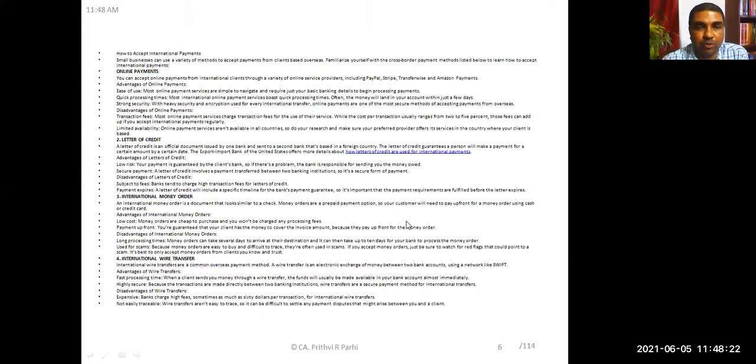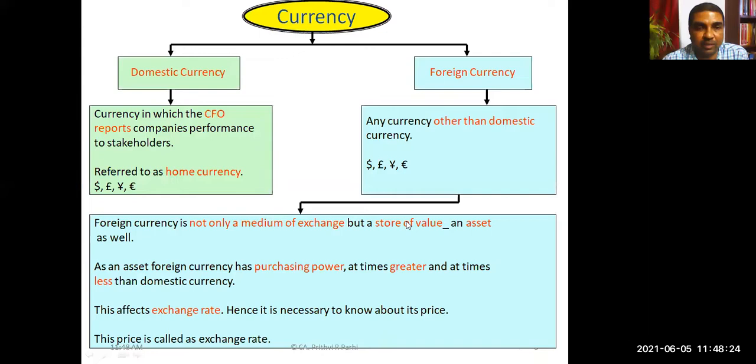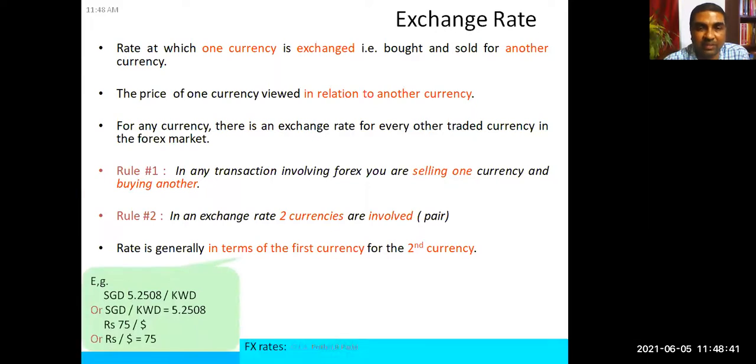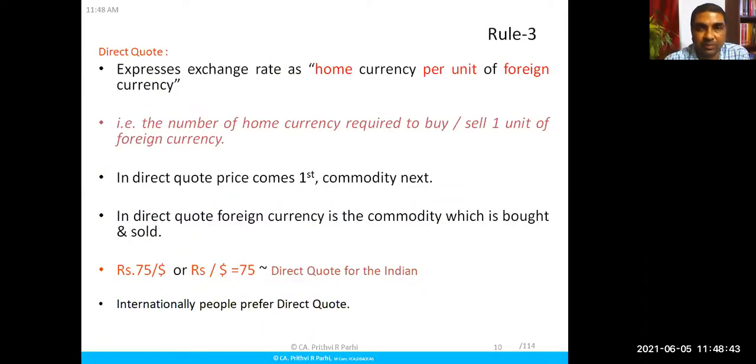So various rules we have already discussed. For example, in any transaction involving foreign exchange, you are buying one currency and selling one currency. In an exchange rate, two currencies are involved, called pairs.